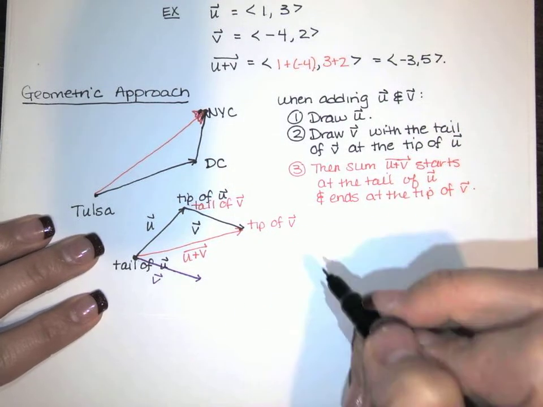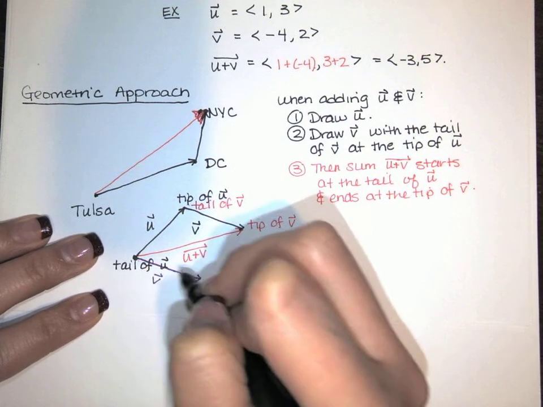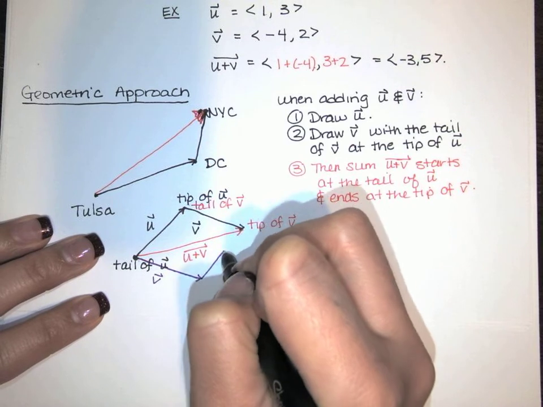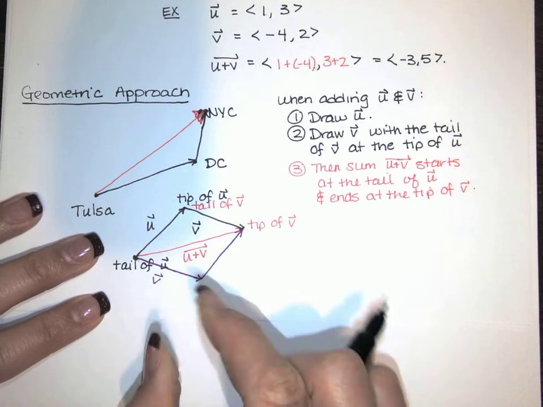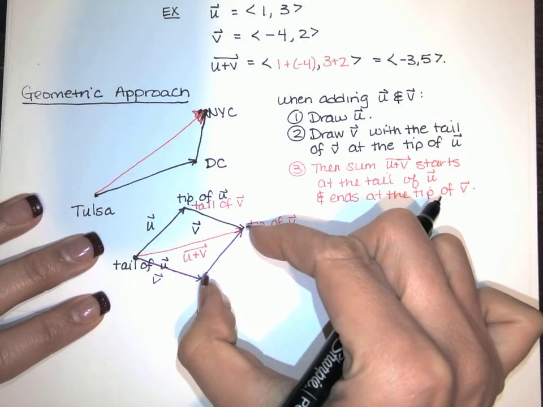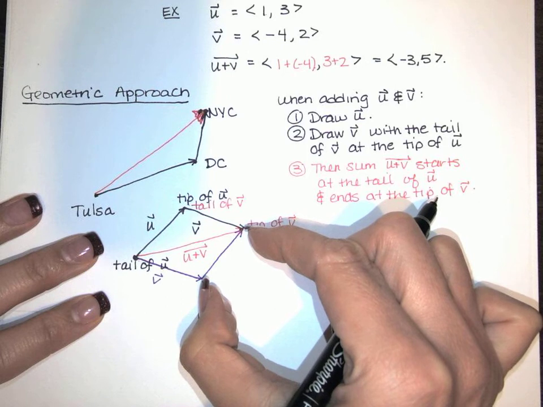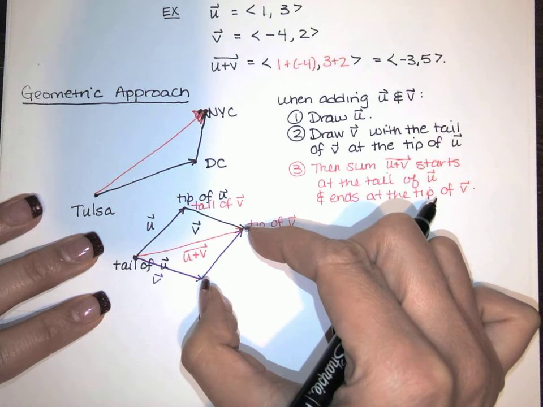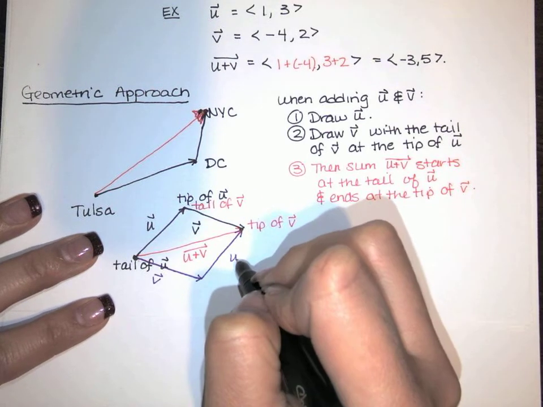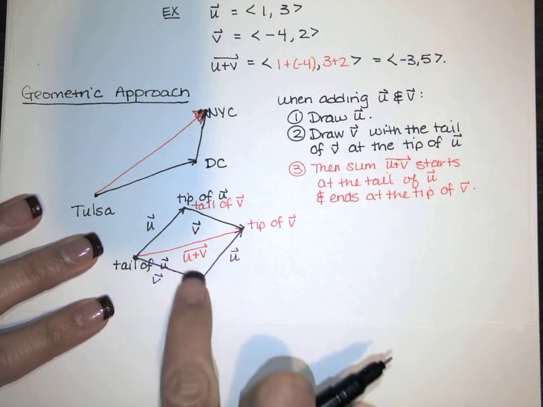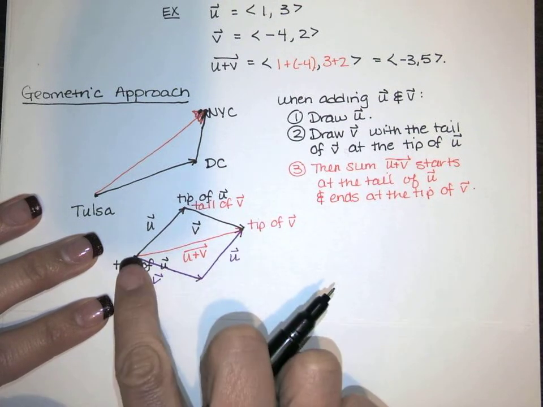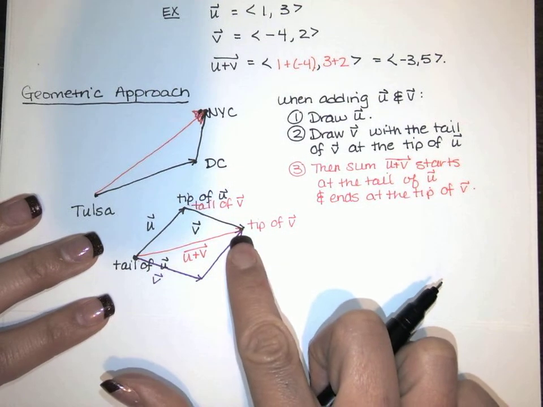This is called adding tip to tail. I'll write that down in a second. Now draw u over here. Same vector, just over here. Same magnitude, the length is the same, the direction is the same. This is u. And v plus u starts where I started and ends up where I ended up.